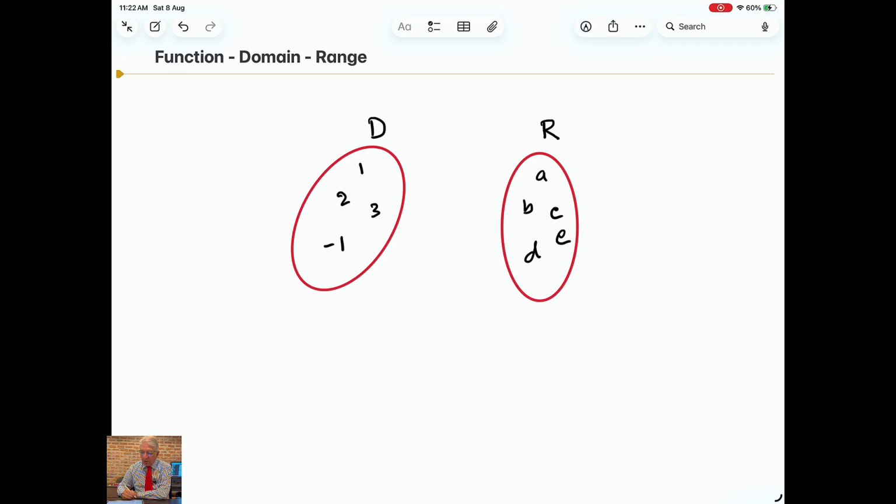Now, a relation means you are relating every element of domain to some elements of range. This is a relation from this set to this set.